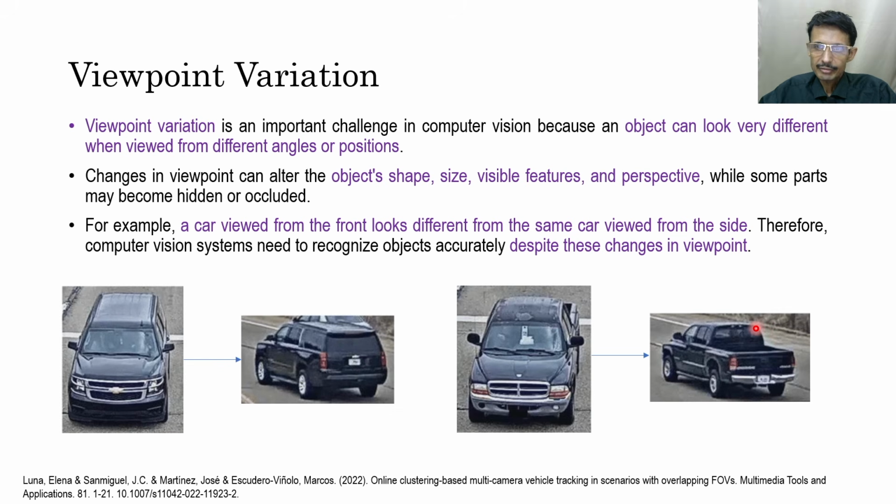Similarly in this figure, if we take a frontal view, it looks like something, and if we take a side or back view, it looks different. Even so, we have to model our network such that it can detect the same object. So this challenge is called viewpoint variation.